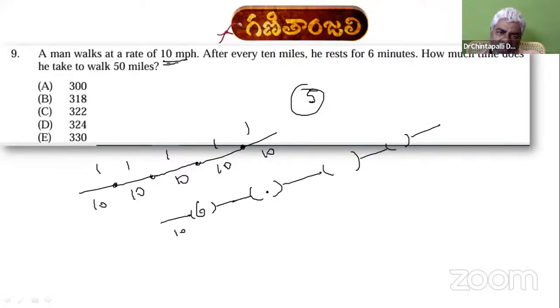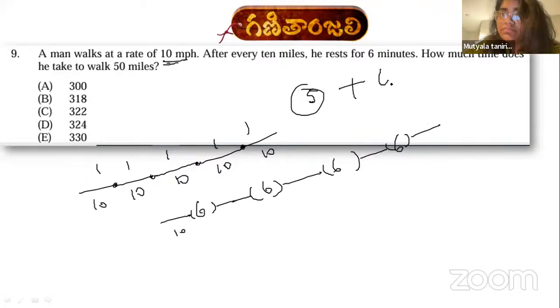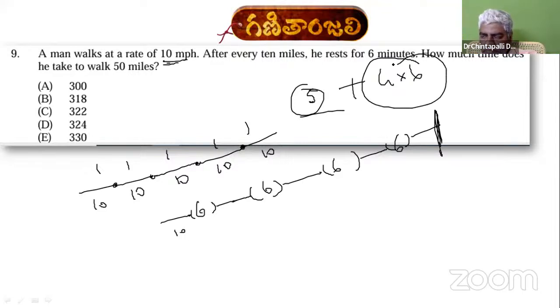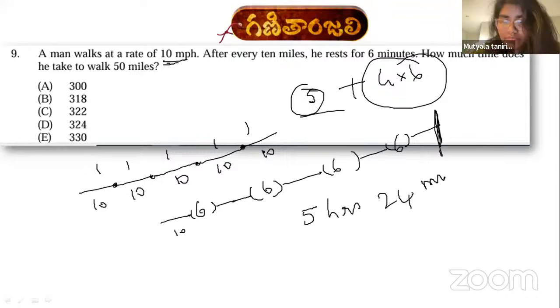How many 6 minutes are there? 1, 2, 3, 4 times only. Not 5 times, because after completing 50 miles the journey is completed and he need not take rest. So totally 5 hours plus 4 times 6 minutes, that is 5 hours 24 minutes. The total number of minutes is asked, so 324. Option D is correct.